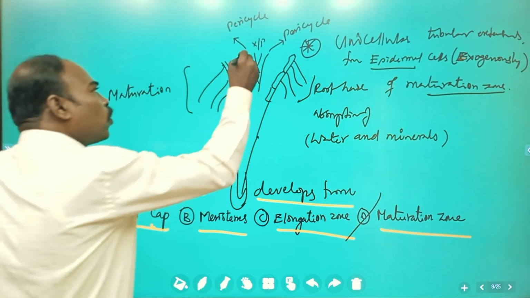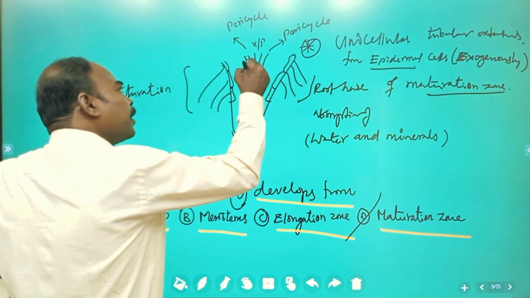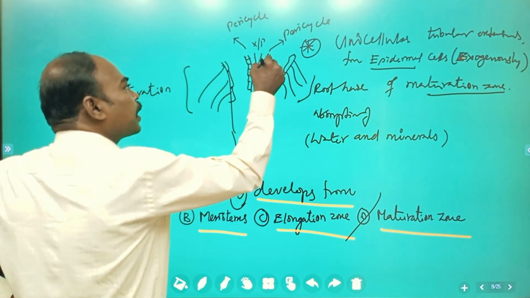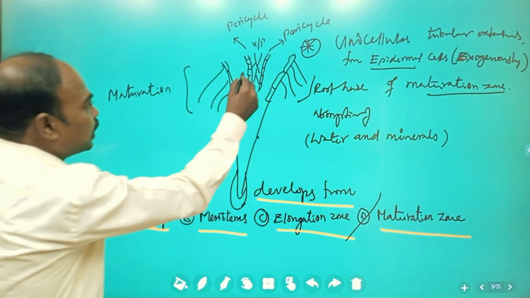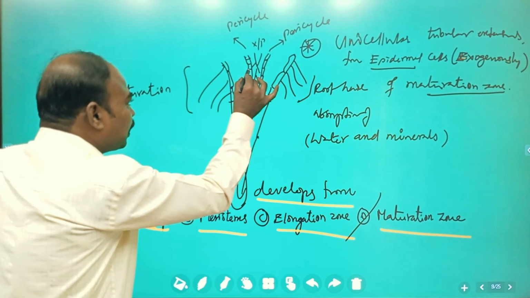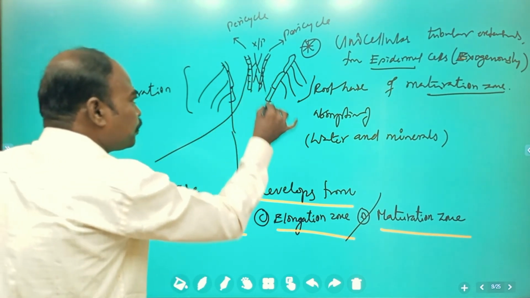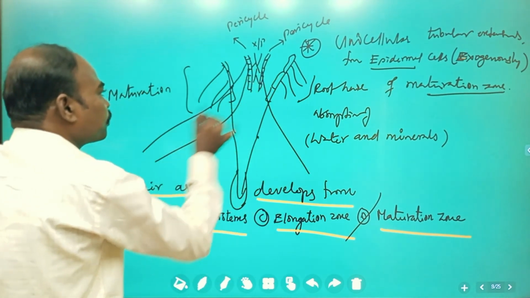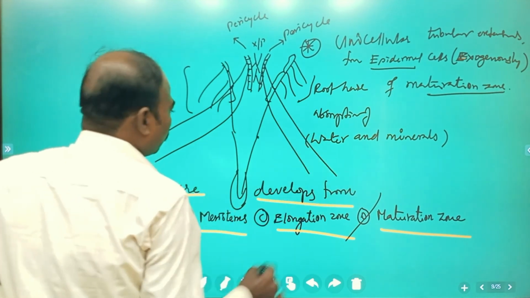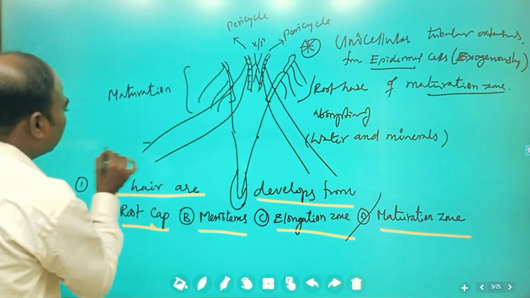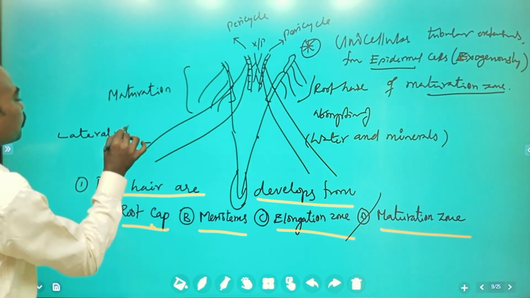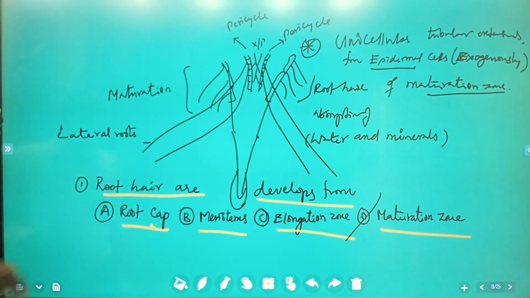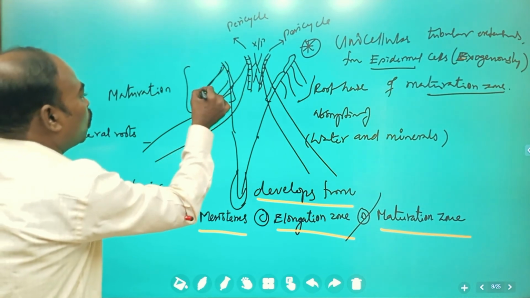So xylem and phloem are covered centrally by a layer of cells called pericycle, right? From the pericycle, the lateral roots are developed. So these are lateral roots. These are root hairs.